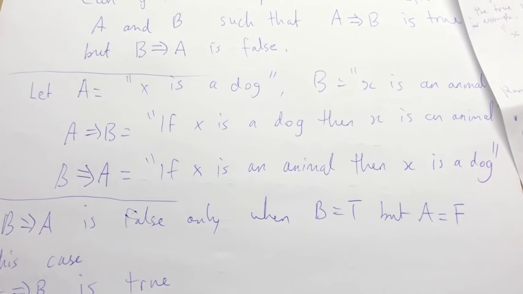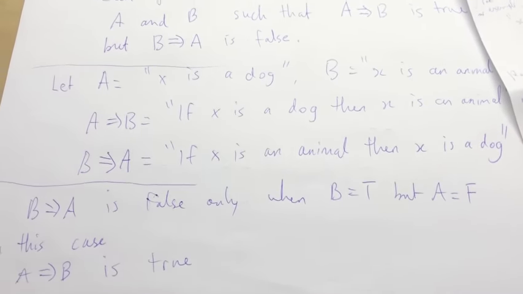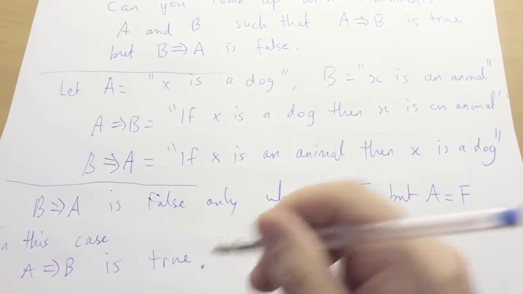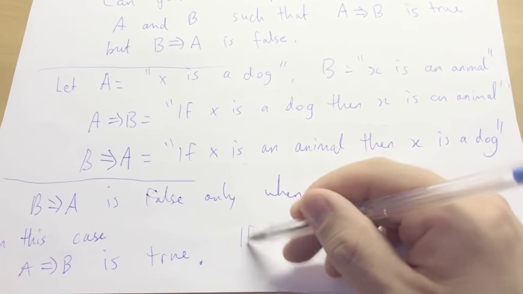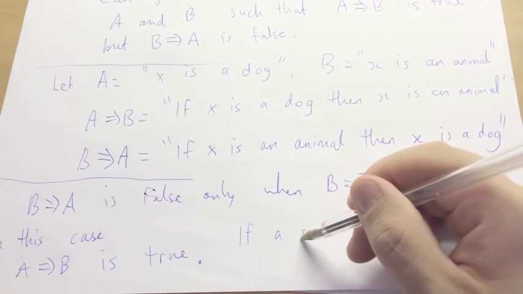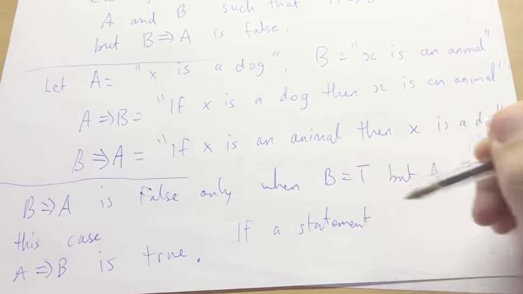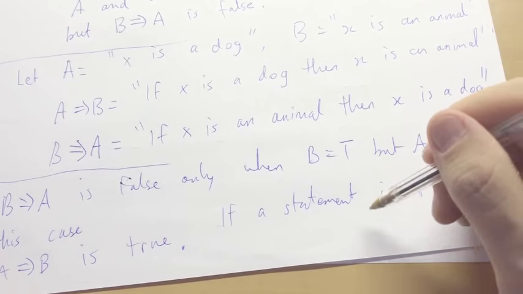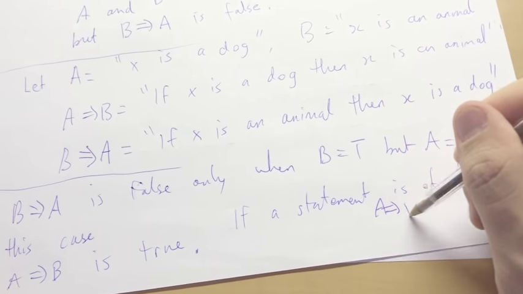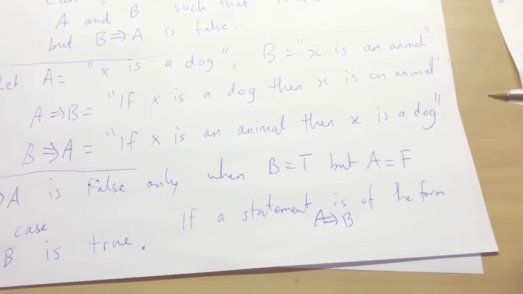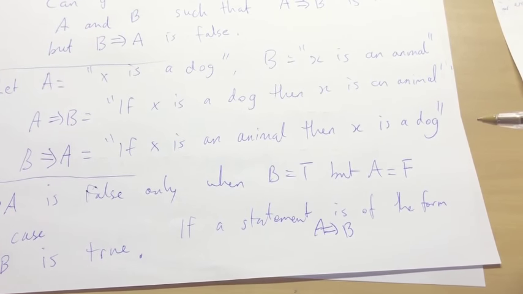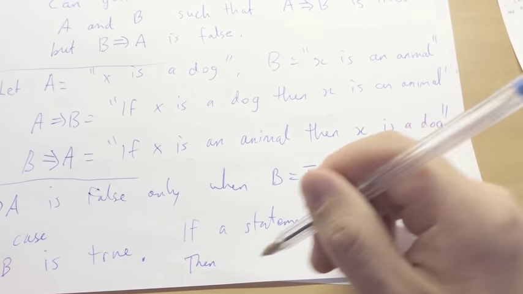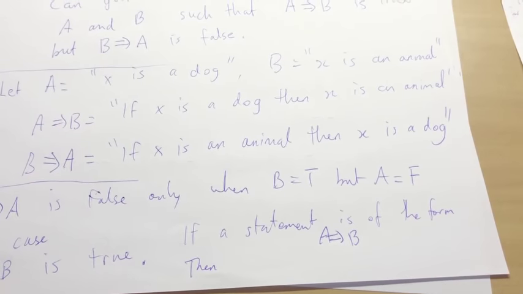And so what this really illustrates is, if you have a statement of the form A implies B, then B implies A is called the converse of the statement.